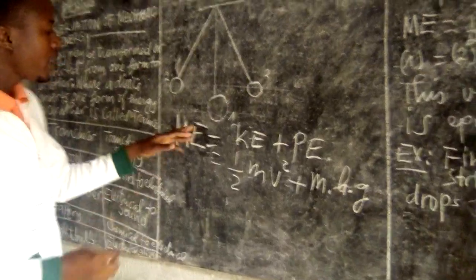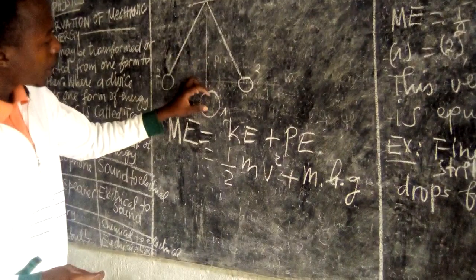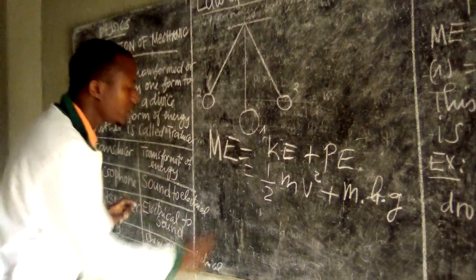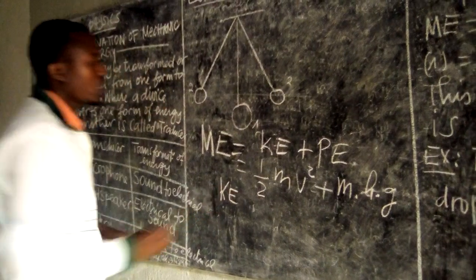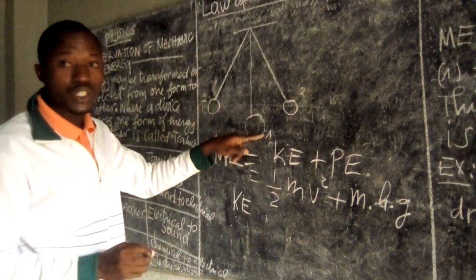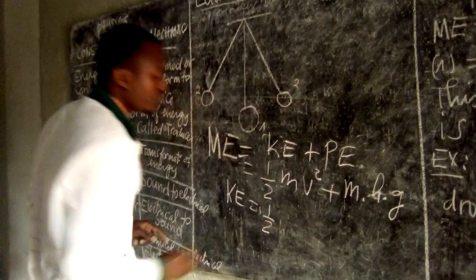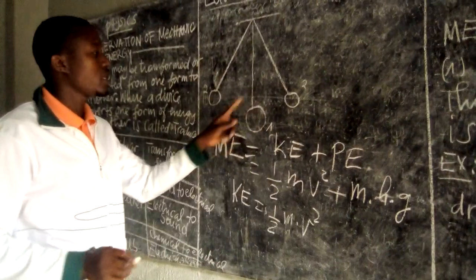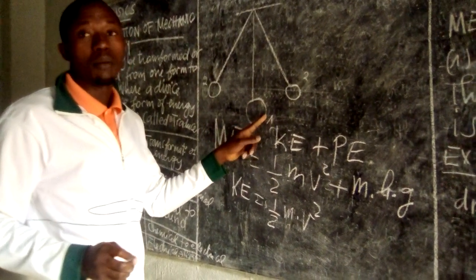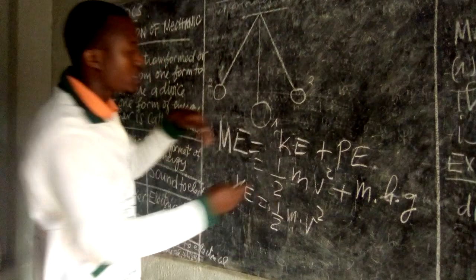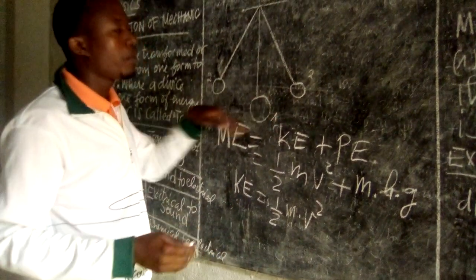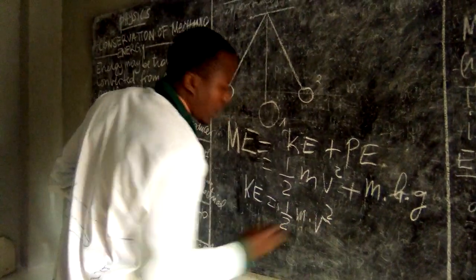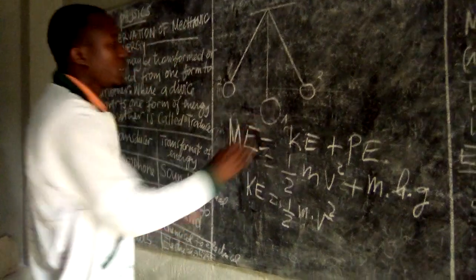Then, when the bob is at this position, number 1, the kinetic energy is equal to 1/2 mass times the velocity squared, where mass is the mass of the bob and velocity is the speed of the bob when it moves.